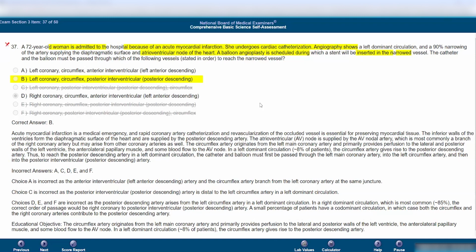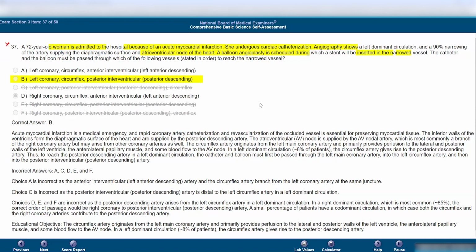Actually, this would be great if we could go over this. I was under the impression that an inferior wall MI was talking about your posterior descending artery, but I think it's actually the right coronary. I know aVL is going to be left circumflex most of the time, and aVR is going to be left anterior descending.